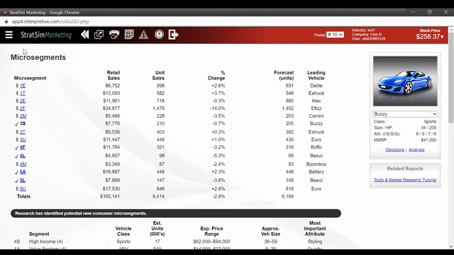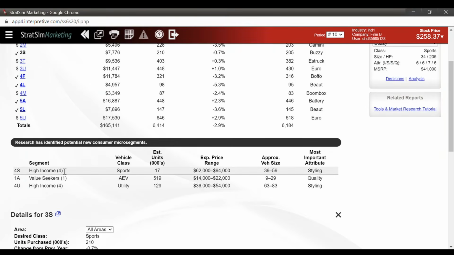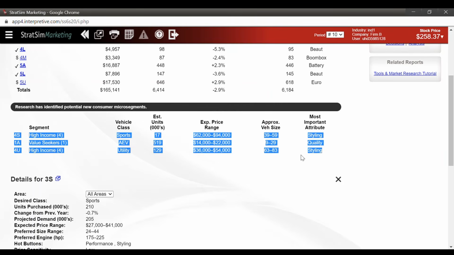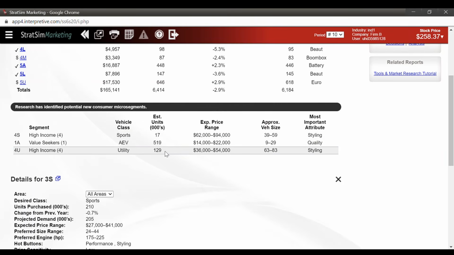If you come to this microsegments area, research has identified potential new consumer microsegments, and it clearly states these three vehicles. For this example, we're going to choose the high income for-you utility vehicle and consider this information in order to launch the vehicle.